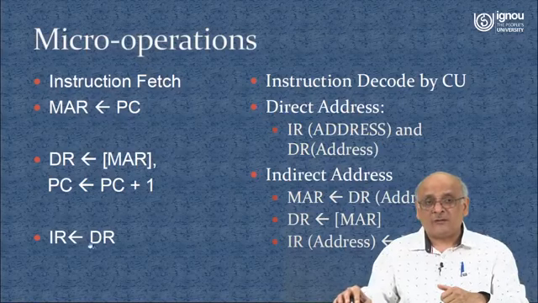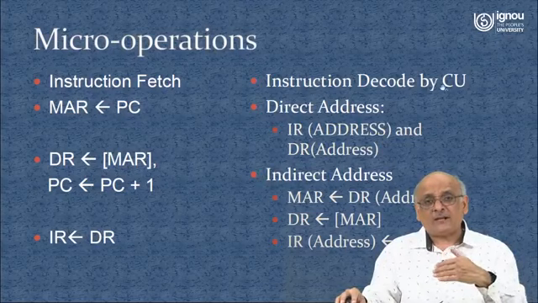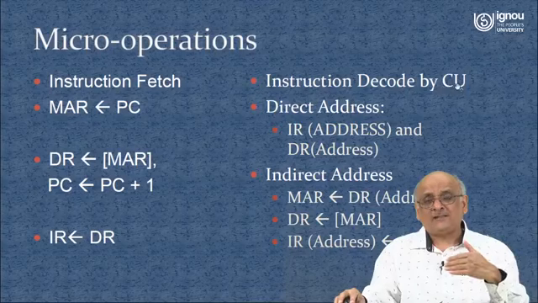Now that the instruction is in the instruction register, what is the next step of execution? The next step will be to decode this particular instruction, which will be done by the control unit. How is the decoding going to take place?